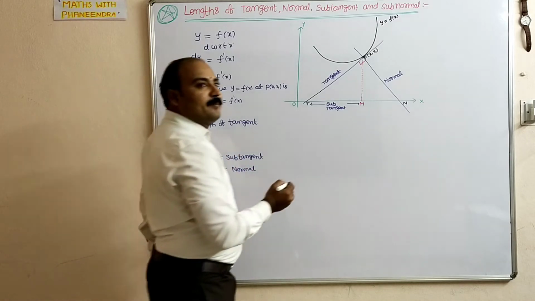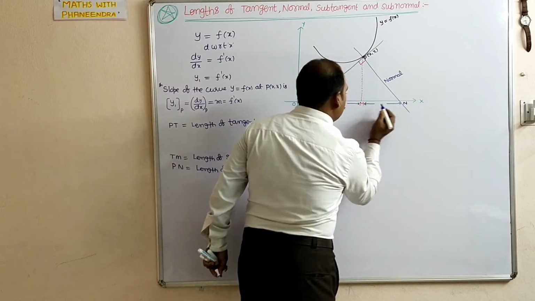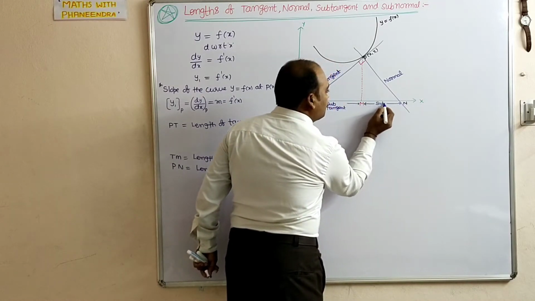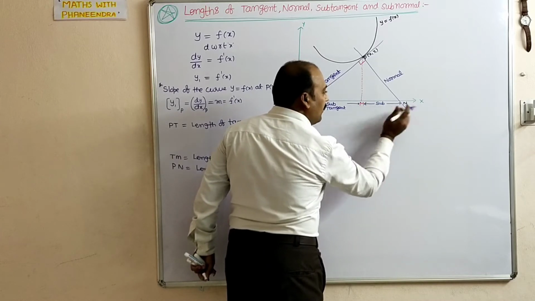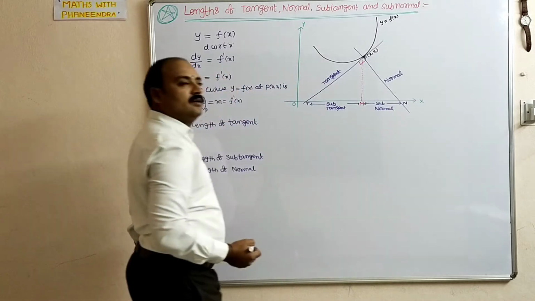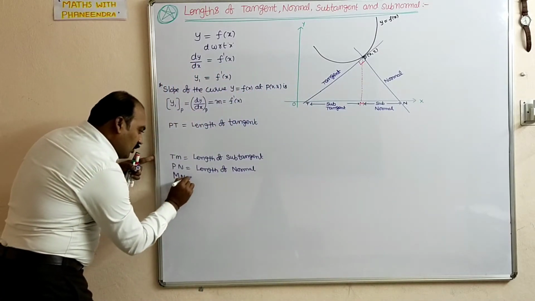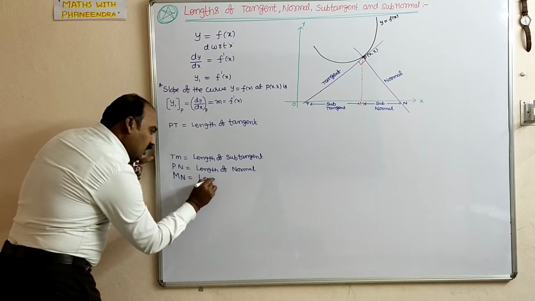Now length of subnormal from here to here. This is called subnormal. That means the value of Mn is called length of subnormal. Mn is equal to length of subnormal.